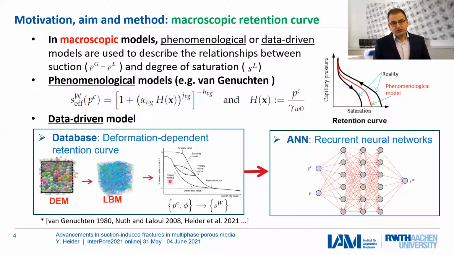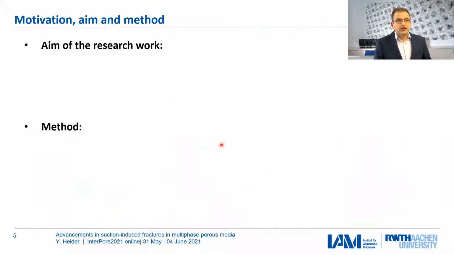And we generate the database, and then we use this database to train our machine learning model. So for the retention curve, for instance, we use the recurrent neural network. And once this model is trained, it can then be integrated in the finite element environment as an alternative to the conventional or phenomenological material model. I will go into more detail with regard to these issues later.